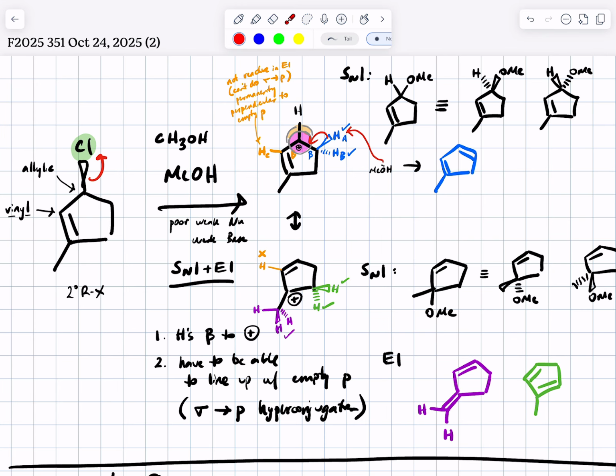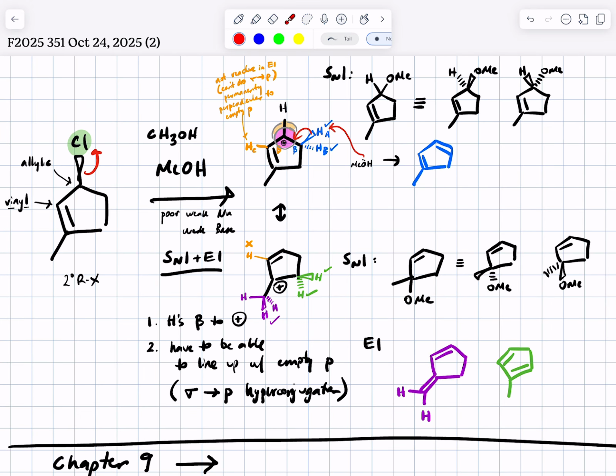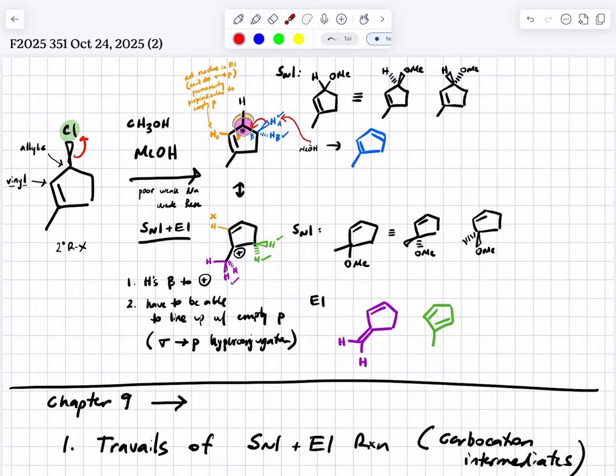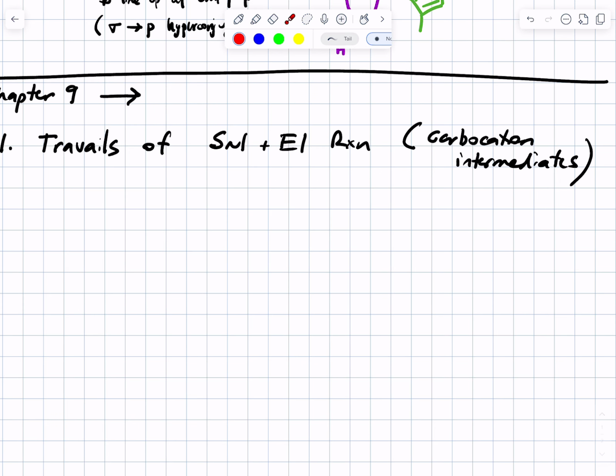Like if you want to do it, fine, but save yourself some money and buy the racemate. The stereochemistry doesn't matter and goes away once you get here. Or that being said, alternatively, if you absolutely want this product where you have just one stereoisomer, you need to do an SN2 reaction, not an SN1 reaction. So avoiding a carbocationic intermediate, if we can, is going to be an important theme.